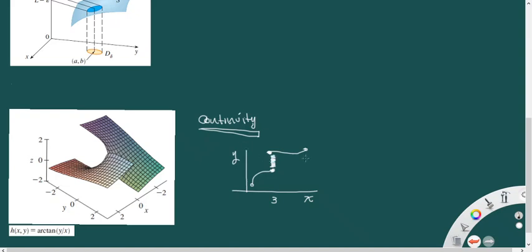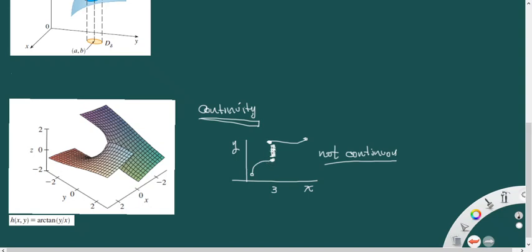So this function is not continuous. And if this principle is not met, sometimes the limit will not exist, because there is no continuity on the function in the domain of x according to y.